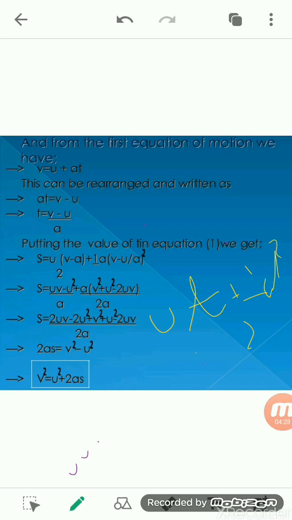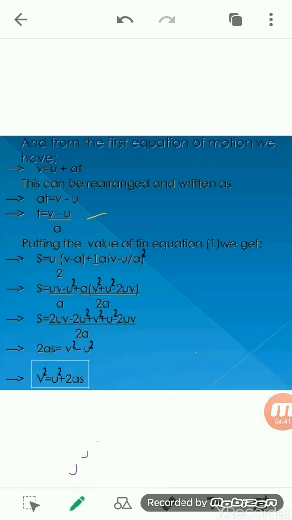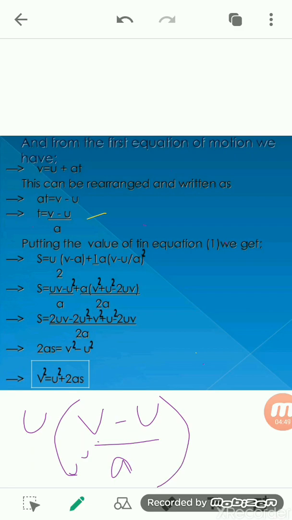In place of t we mention v minus u upon a, so it will be u times v minus u upon a, plus half a, in place of t square we write v minus u upon a, the whole square. So this is the equation after putting the value of t in it.